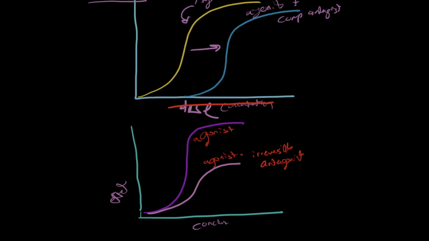So it's attacking at a different site. It's not like up here with these ones, where if you just add more concentration, you'll eventually get the same effect. With non-competitive or irreversible antagonists, they are essentially lowering your Emax, and you just won't get the same kind of effect no matter how much drug is on board.